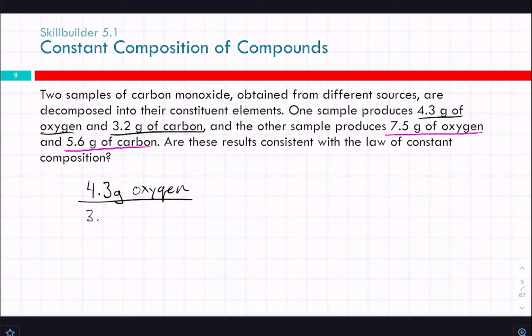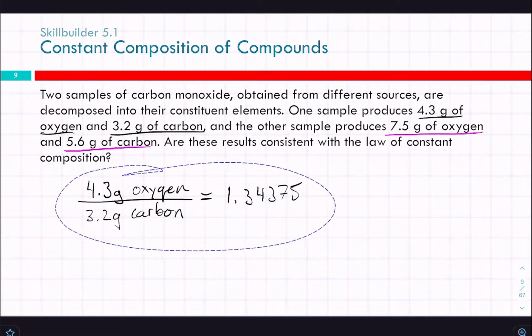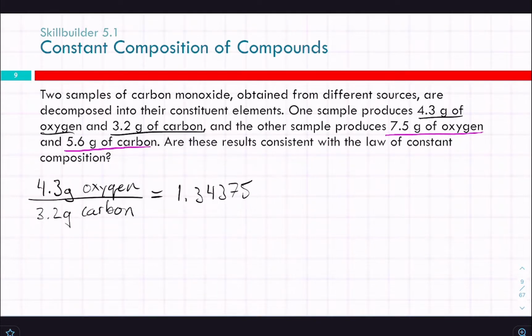So divide that by our 3.2 grams of carbon. 4.3 divided by 3.2 will give us 1.34375 as our ratio of oxygen to carbon. This is our oxygen to carbon ratio.